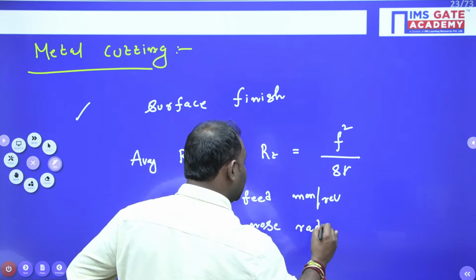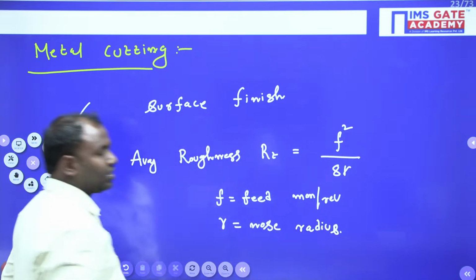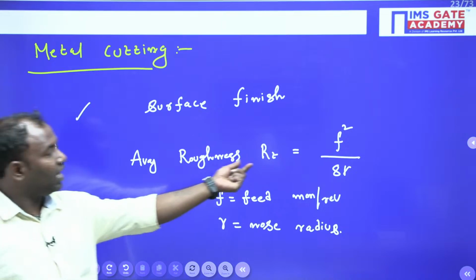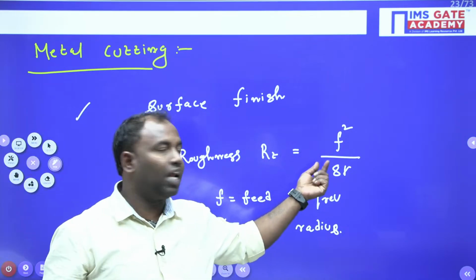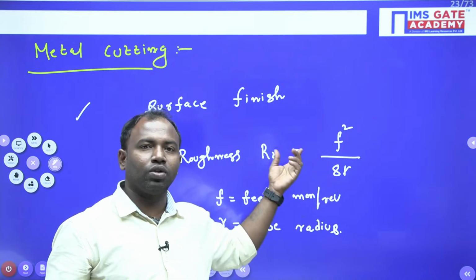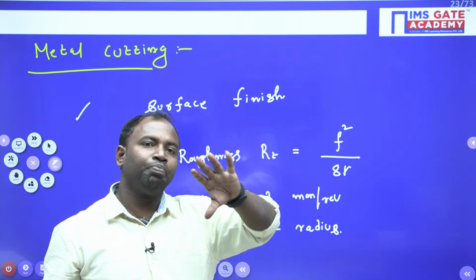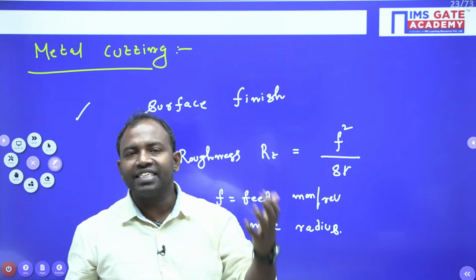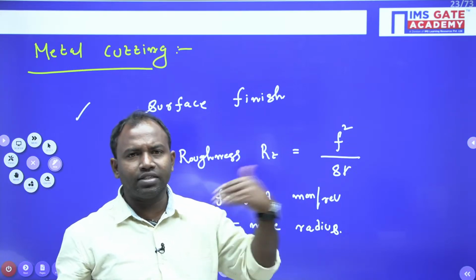So this is the Rt value. Once you calculate it with the help of feed and nose radius, you are going to get some average value. Based on that value, you can decide whether the surface is rough or smooth.